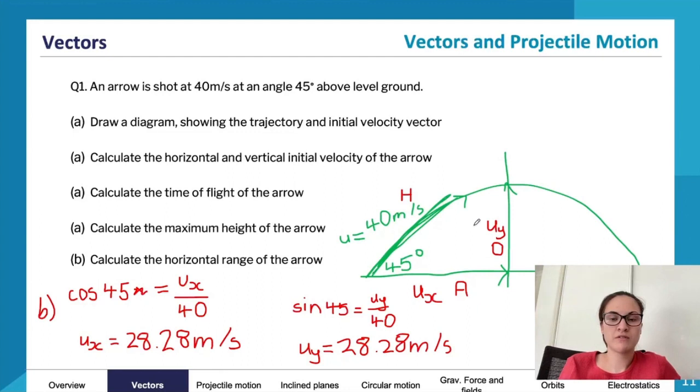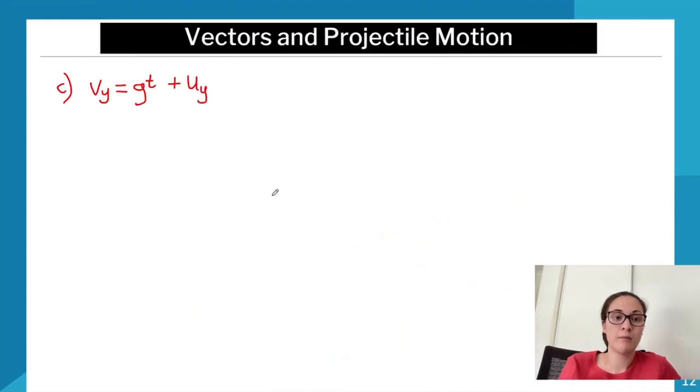And we're just going to use the initial velocities that we have, but our final velocity we do not know. So Vy we don't know, Uy and Ux we do know, but we don't need Ux, we just need Uy. So we're going to put 0 is equal to 9.8 times t plus Uy.